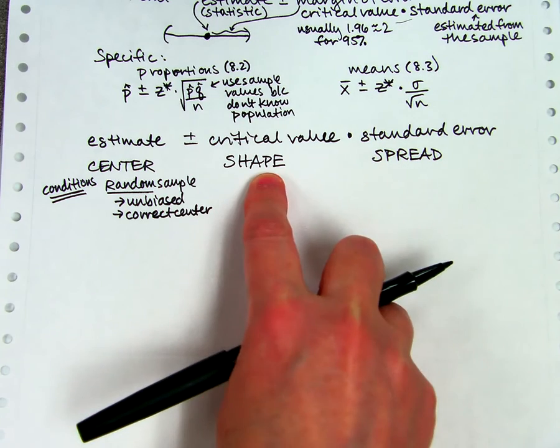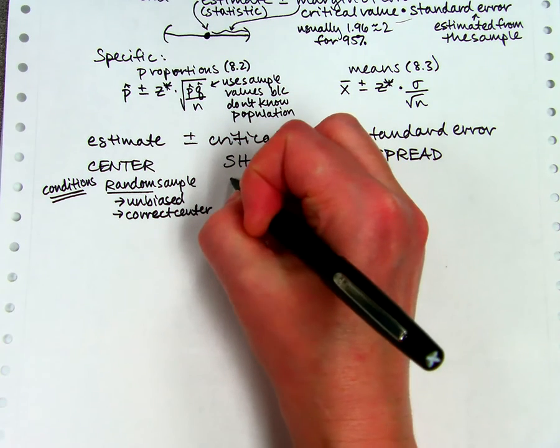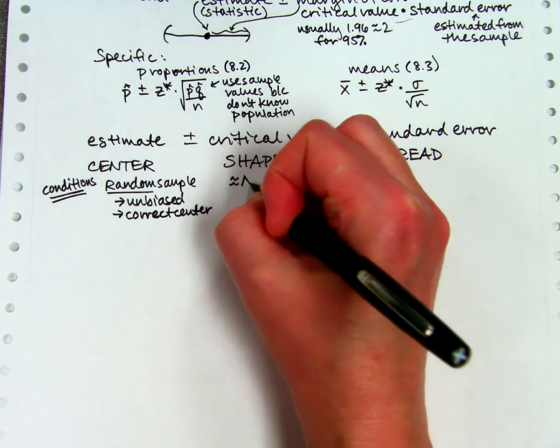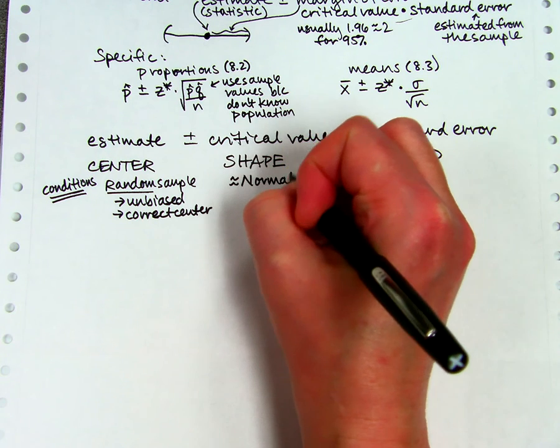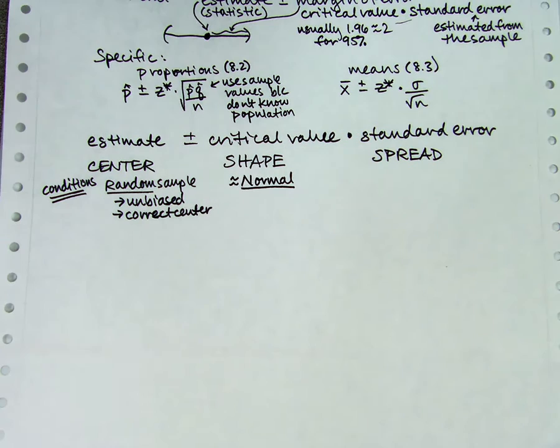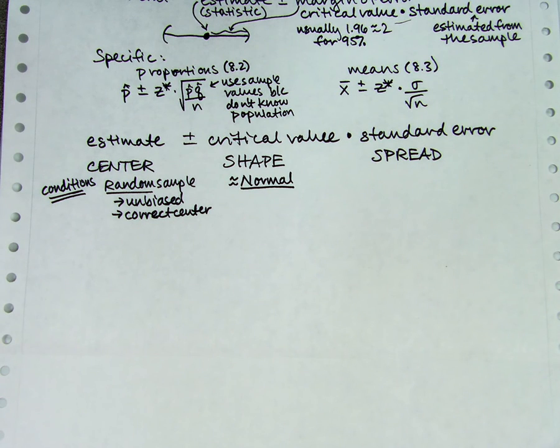This piece works if you have the right shape, and the shape we want is for it to be approximately normal, so that that z-star calculation is correct. How do you know if it's approximately normal? Well, that's based on some of the stuff we learned in chapter 7.